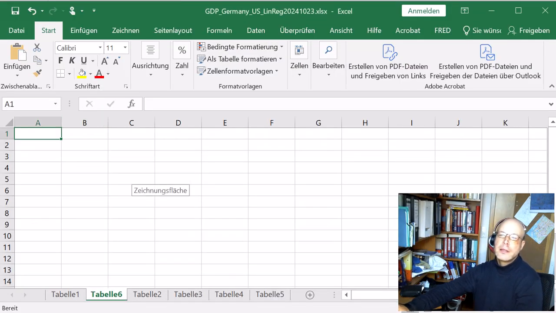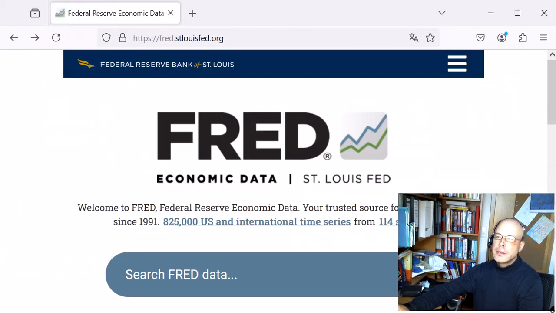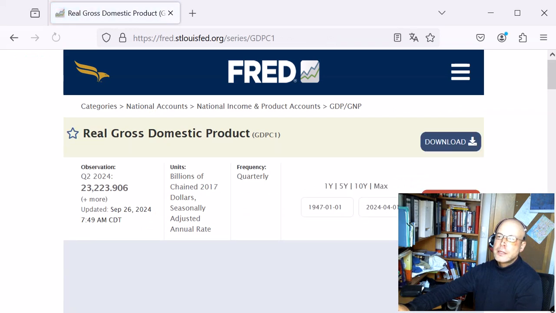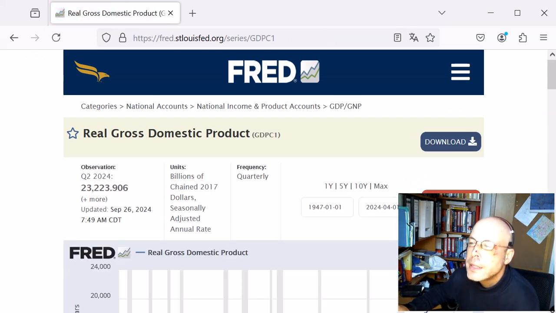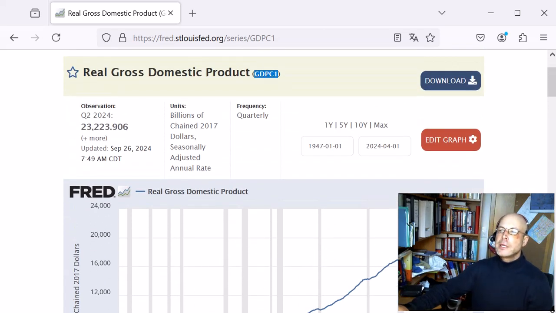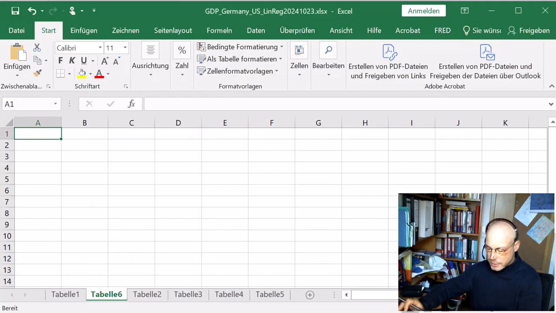And if you have done it, then you can look up real GDP US, gross domestic product. And then you see here GDPC1. This is the shortcut for real gross domestic product in the US. And this you would put then here. All this you find also in the description.